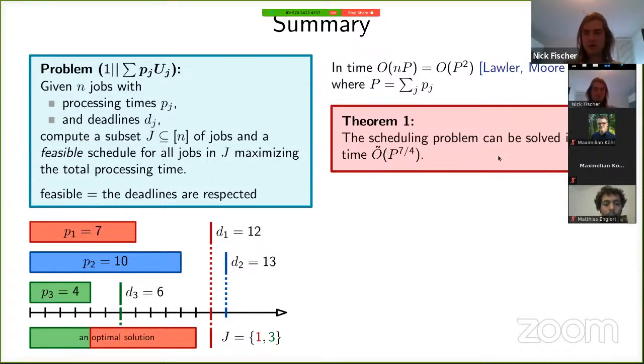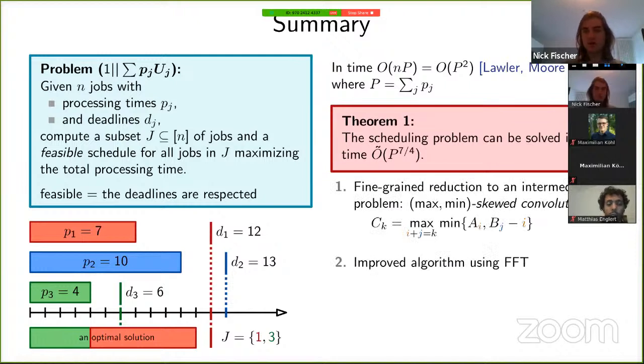Let me give you a very quick proof sketch, more or less meant as a reminder of what I said in the talk. The idea was that we reduce the scheduling problem via fine-grained reduction to an intermediate problem, the so-called max-min skewed convolution problem. This looks nearly like a convolution problem, which pops up quite a lot in fine-grained literature, except for this weird thing that on the right-hand side of this minimum, we have this minus i.